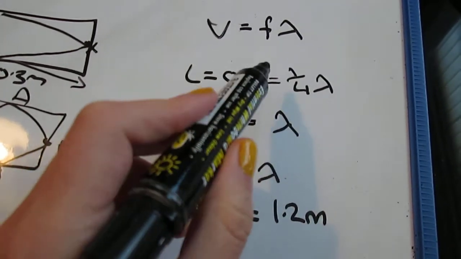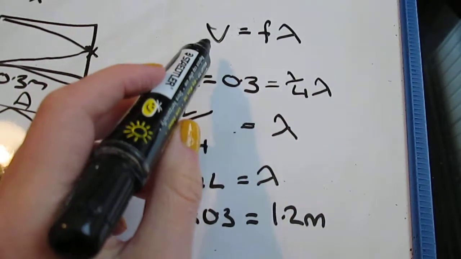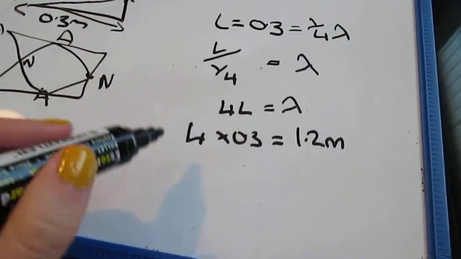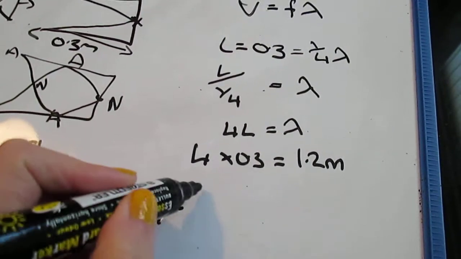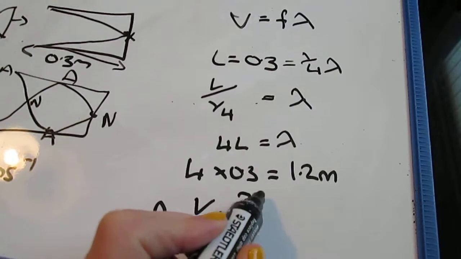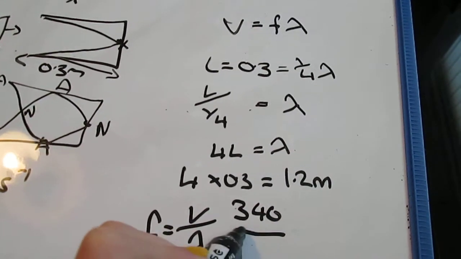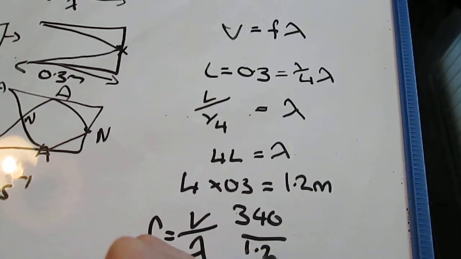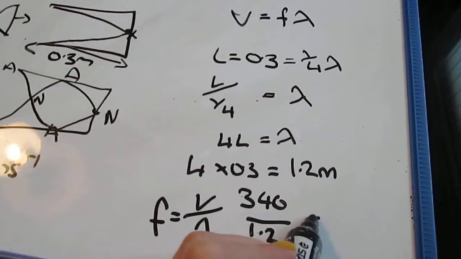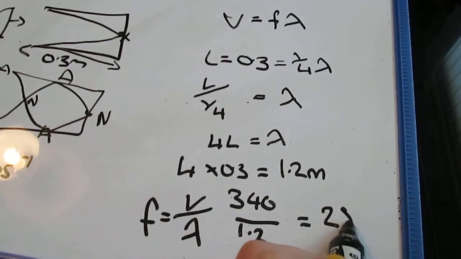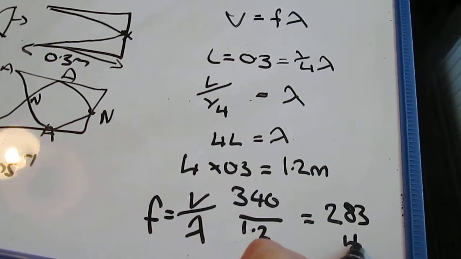Now that I have my wavelength and I have my velocity, because it tells me in the question, I'm going to rearrange the equation to find f. So f is equal to v over my wavelength, so it's 340 divided by 1.2, and that is going to give me 283 hertz.